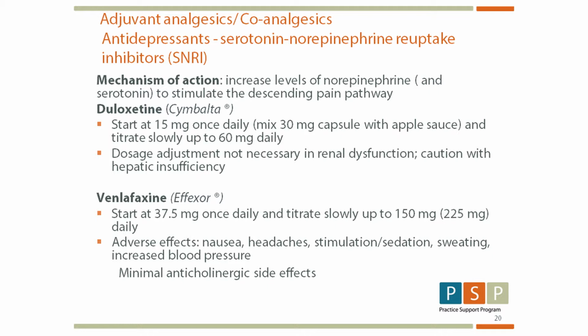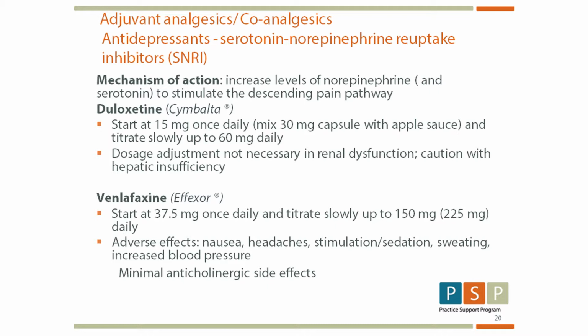Duloxetine in particular has been indicated for back pain, hip, and knee, and has been trialed in fibromyalgia and diabetic neuropathy. Duloxetine usually is started at 15 milligrams or 30 milligrams single daily dose, and within about a week or 2 weeks, if they don't have any side effects or problems, you can increase that to 60 milligrams if the effect isn't as strong.